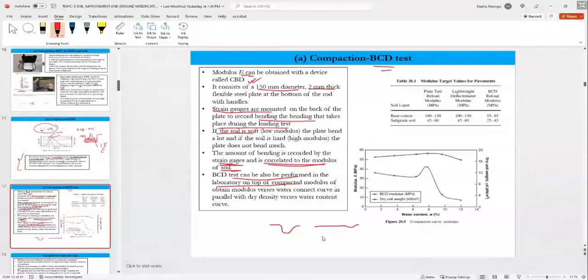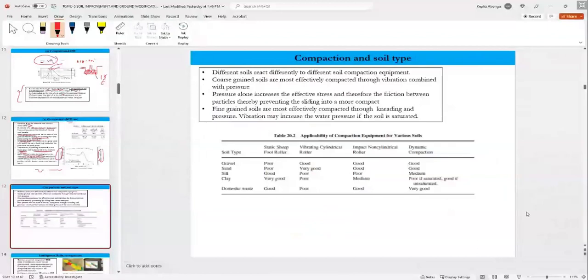So this is an example of how the test results will be presented: the modulus E and the dry unit weight with the water content. Good. So we don't just compact, we don't just use any equipment or roller to compact the soil.